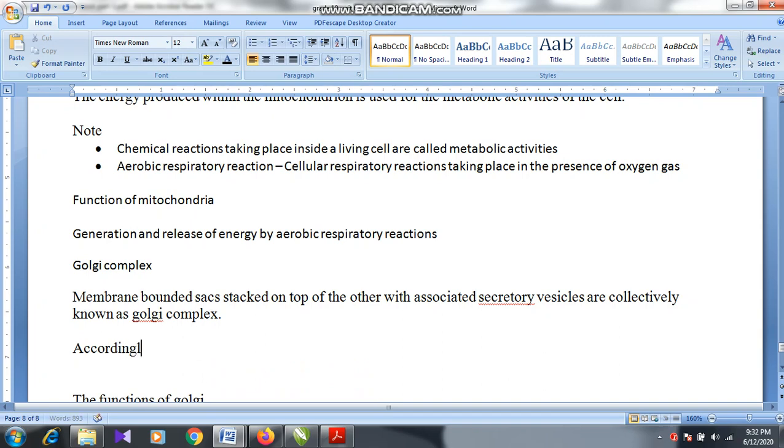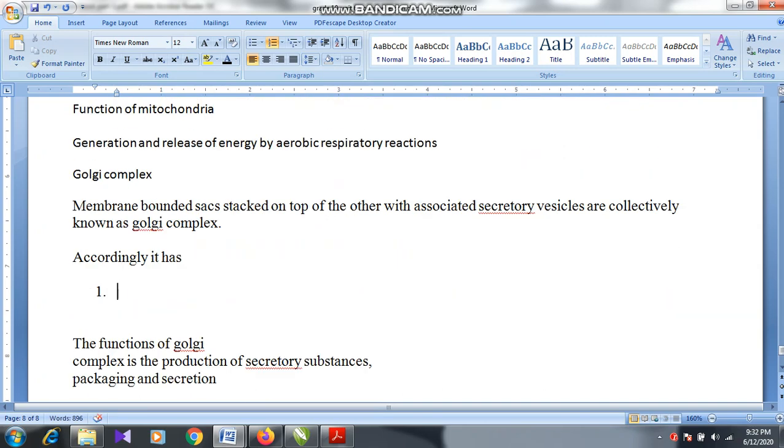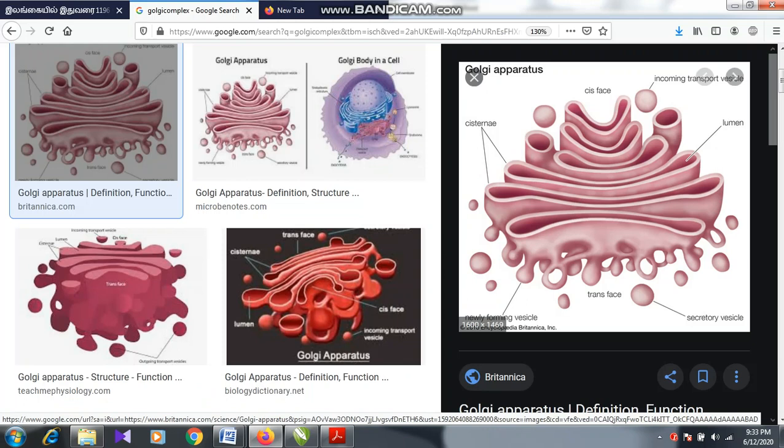Number one, sacs stacked on top of the other. That means this part, and on the sides there are ball like structures.